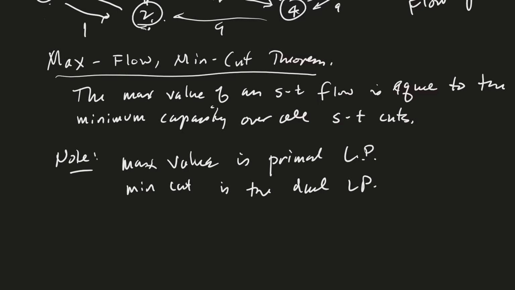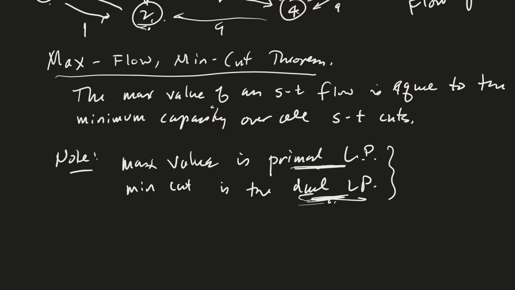And so do you see how that works now? If this is the dual, then the minimum capacity is equal to the maximum value of the primal at the optimum value, right? So min cost is equal to max value. So this is just an example of the dual theorem.